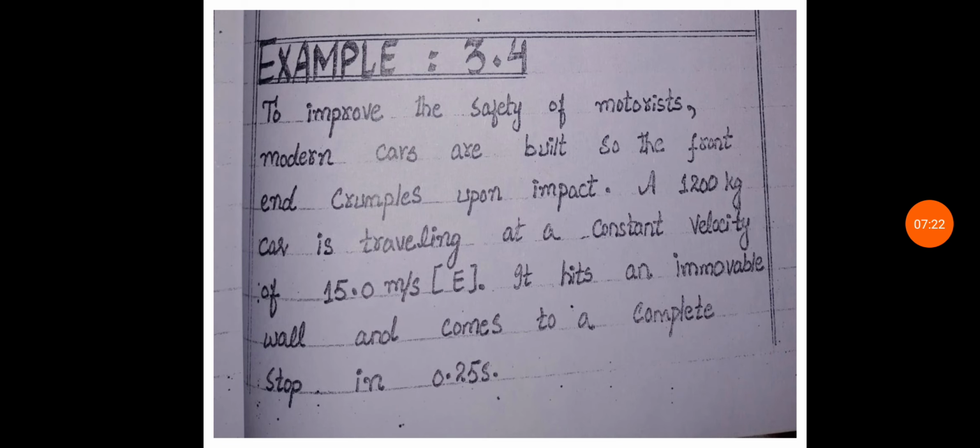It hits an immovable wall and comes to a complete stop in 0.25 seconds. Now in part A, what is the average net force exerted on the car, and in part B, what would be the average net force exerted on the car if it had a rigid bumper and frame that stopped the car in 0.040 seconds.